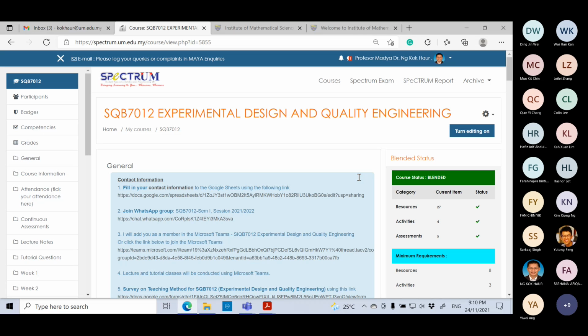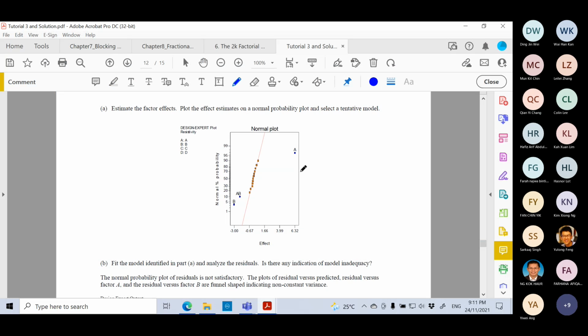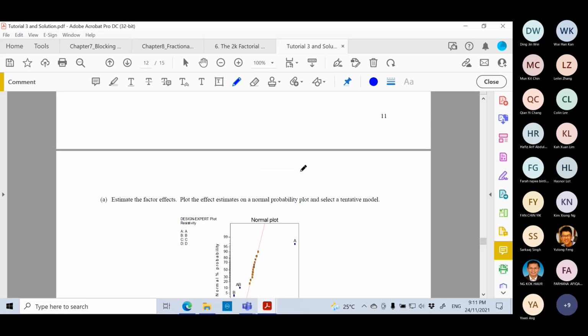The group assignment is that I ask you to find a real application from journal papers. I do not ask you to collect the data, because we can't collect the data. I want you to know there are real examples, because sometimes when I go through the tutorial questions with you all, some of the data is real data, but some of them don't give you the source.